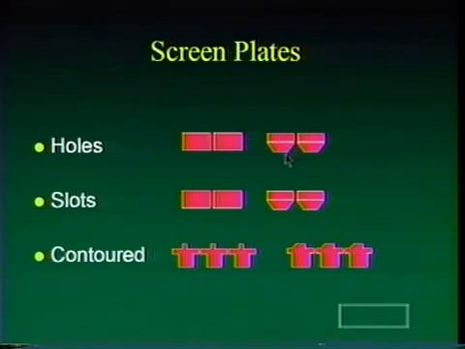They usually have some kind of taper to them. You can imagine that if you wanted to fabricate a screen, it would be very easy to drill a straight hole down like this and then you'd be done, or to just drill a slot flat down like that. Well, it turns out that with this tapered effect, we get a lot more throughput and a lot less pluggage. So it's important for us to have that taper.